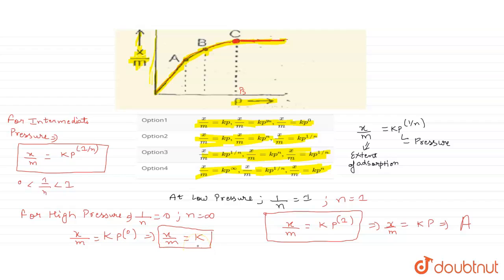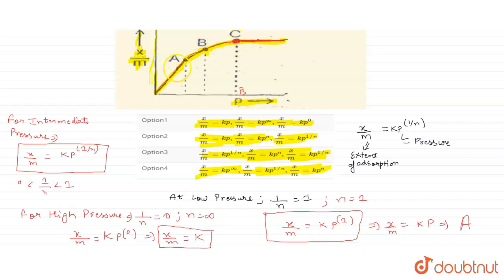That means at high pressure conditions x by m is constant, that is extent of adsorption is constant. So our correct relation for A, B and C will be, the B point is for intermediate pressure and C is for high pressure.